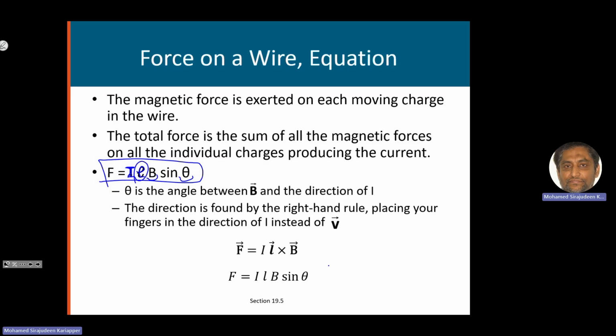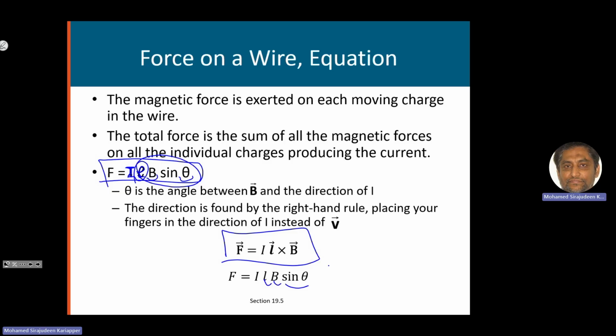So you can see that it is ILB sine theta. You can make it into a vector product, L cross B, and the force will be F equals I into L cross B. Now you know how to get the magnitude of L cross B. It will be LB sine theta. So that's it. Now this is the vector equation to get both the magnitude and the direction of the force on a current carrying wire.